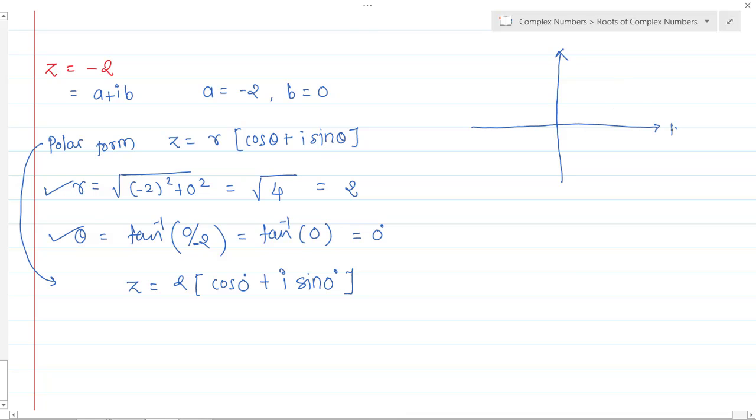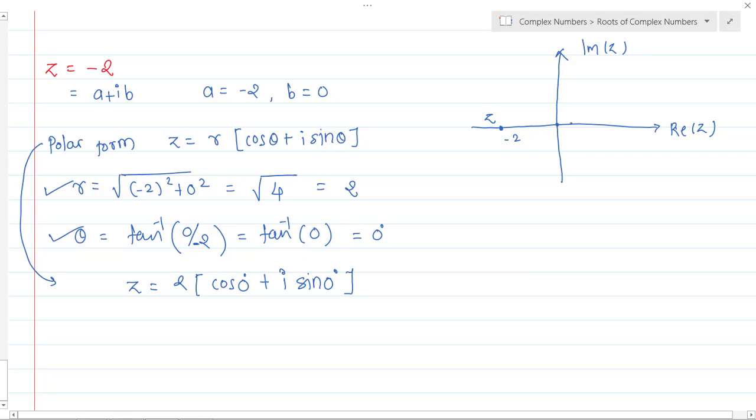The real part is -2, and the imaginary part is 0. What does this mean? This z is lying on the negative real axis.